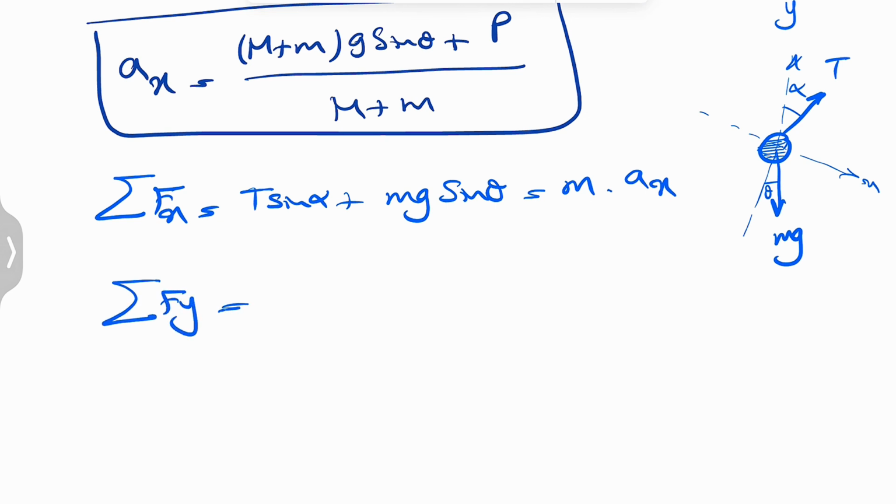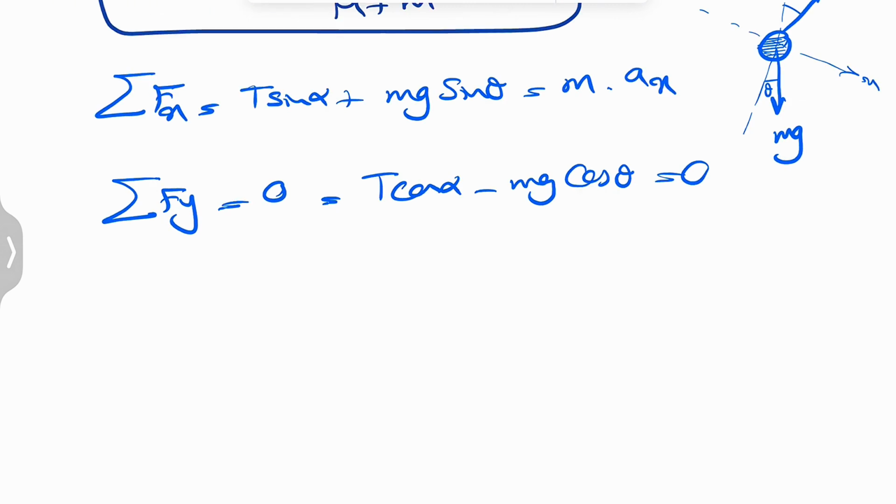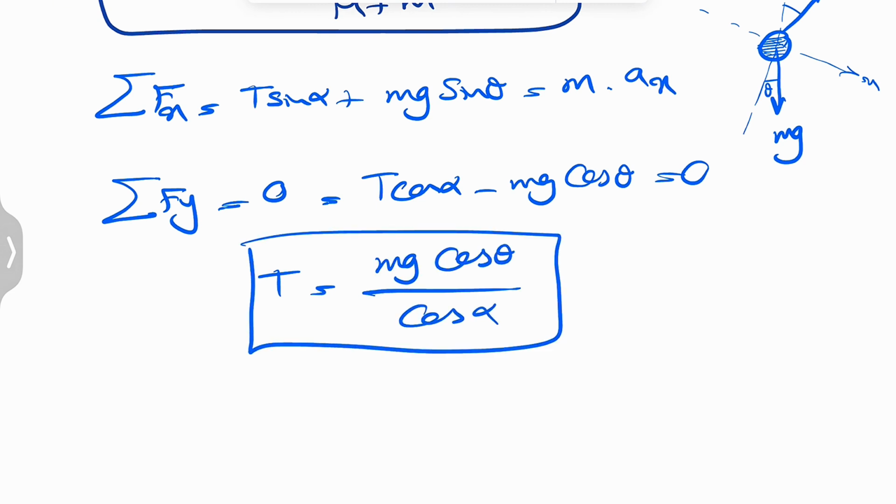We can also do sum of all forces in y equals 0, because there is no acceleration in y direction. So we have T cosine of alpha minus mg cosine of theta. So from here, our T would be mg cosine of theta over cosine of alpha.